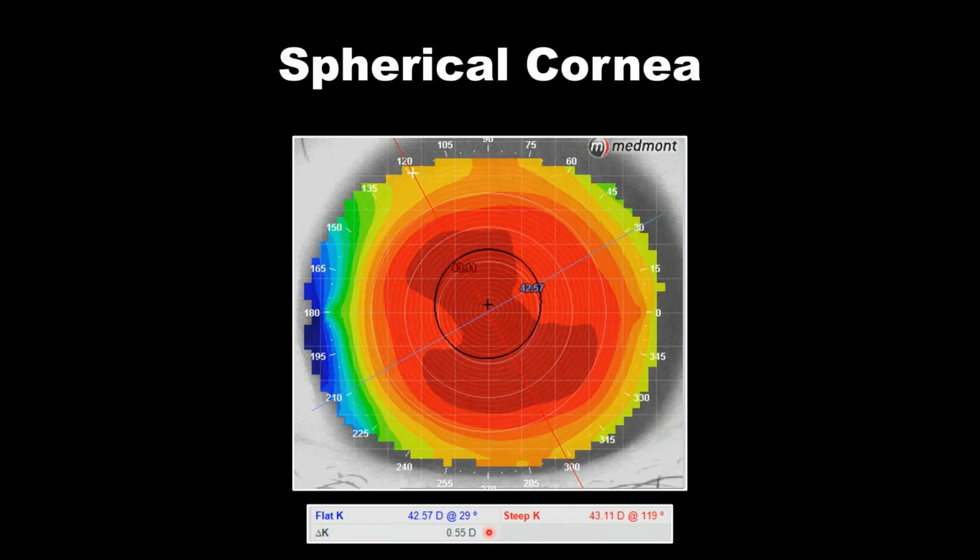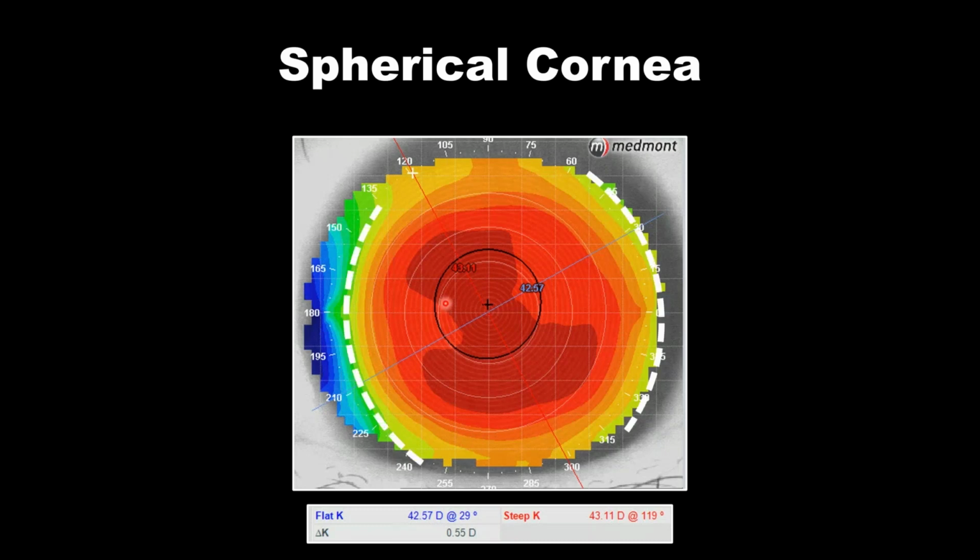The K readings would suggest this patient has a tiny amount of astigmatism, 0.55 of a diopter corneal cylinder. For those of you who think in millimeters, that's 0.1 millimeters of corneal astigmatism. Let's ignore the K readings. Let's ignore what happens here at this 3 millimeter ring.